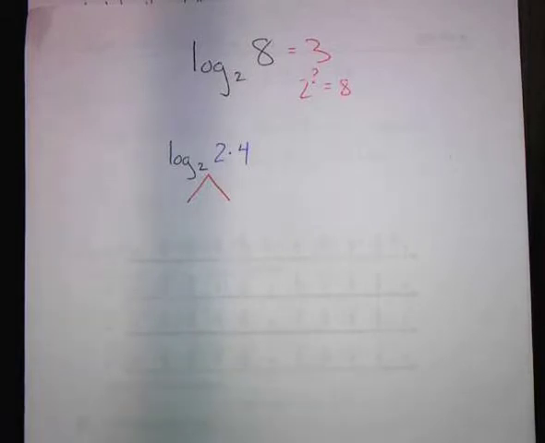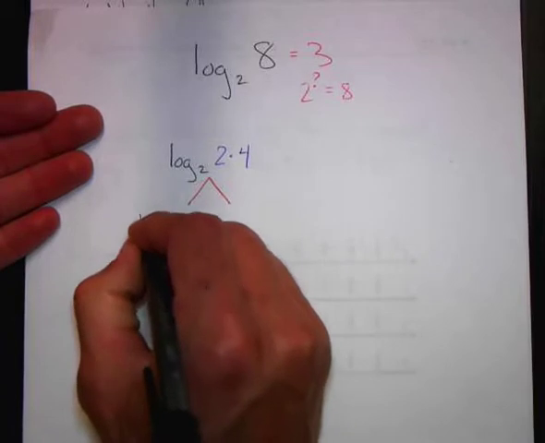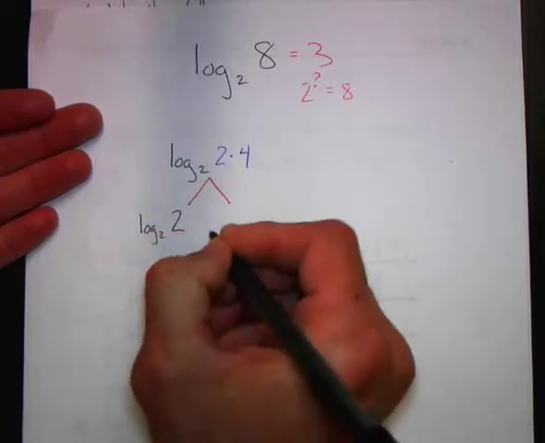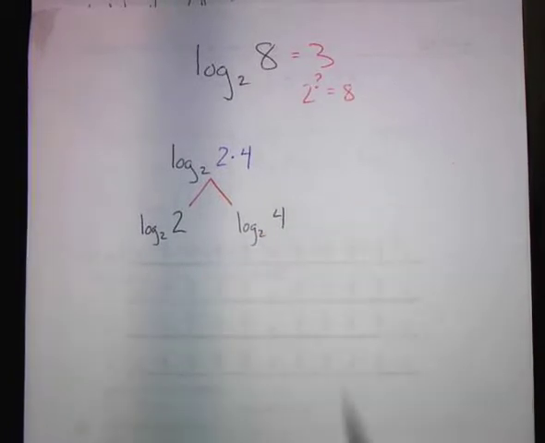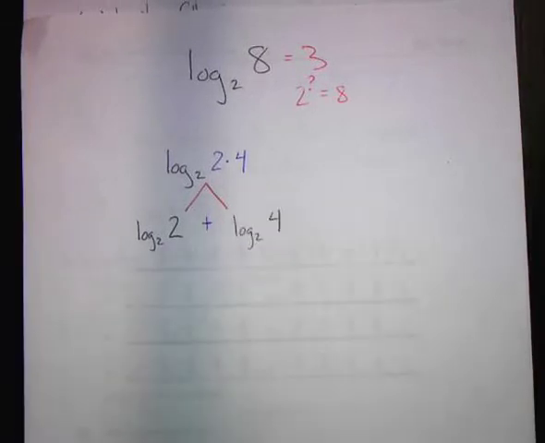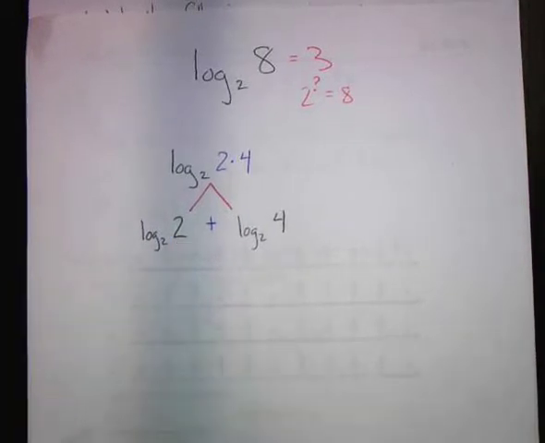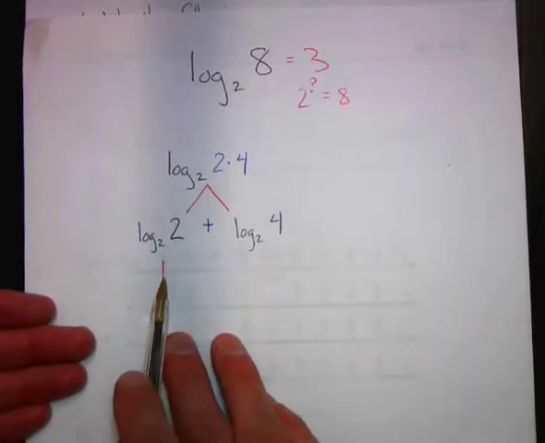Okay, so the first property that we can show is this. If I can break this up into 2, I can call it log base 2 of 2, and I can call it log base 2 of 4. And then if I add them together, I should have the same result. So we know the log base 2 of 2 is the number 1. 2 to what power gives us 2? 2 to the first power.